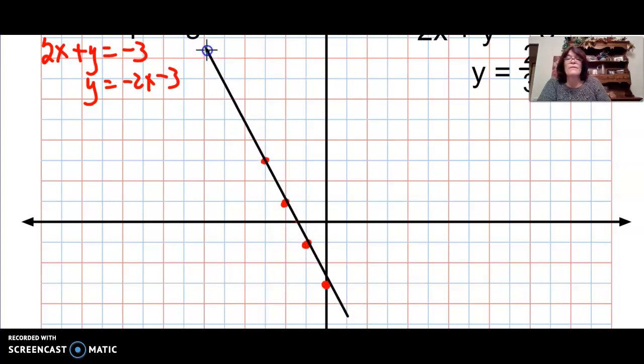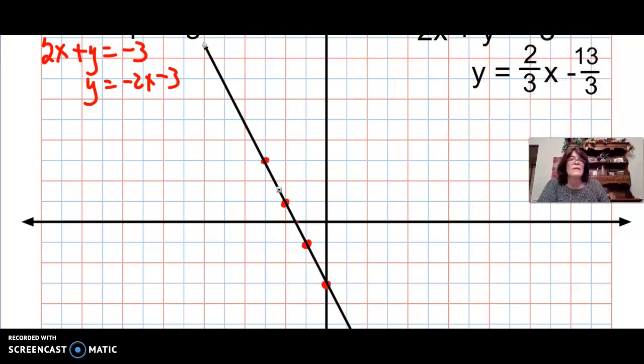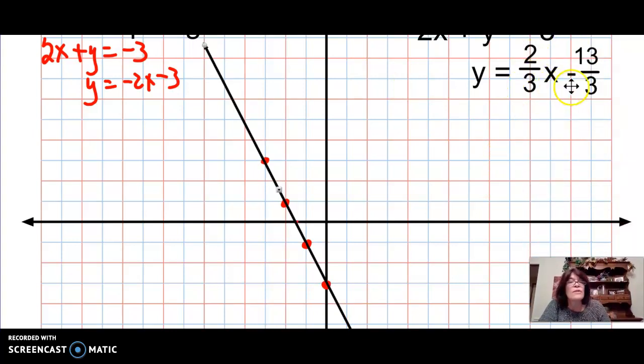Okay, so I either have that or the other one. Oh, not the nicest y-intercept, is it? y equals 2/3 x minus 13/3. So I'm going to go down here to negative, what's that, 4 1/3? Negative 4 1/3.